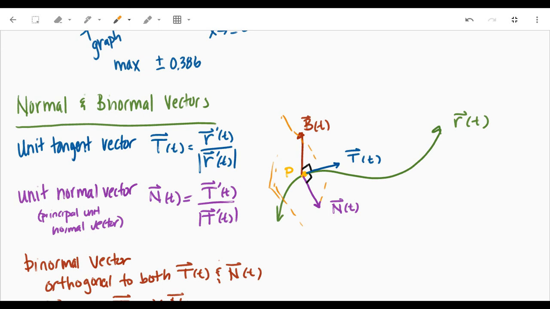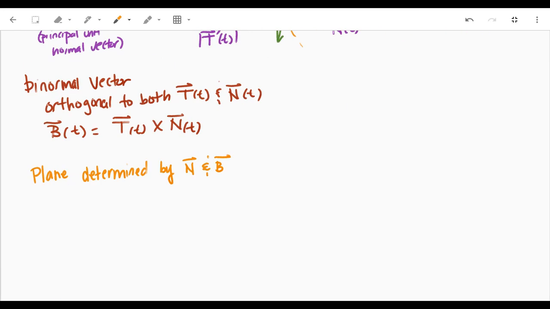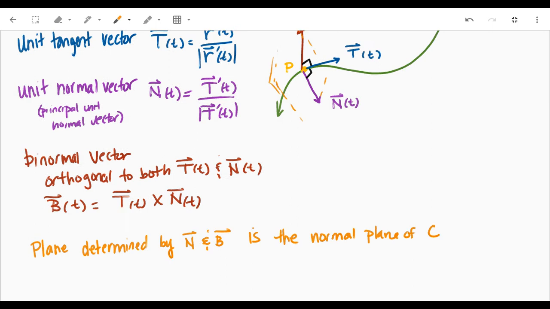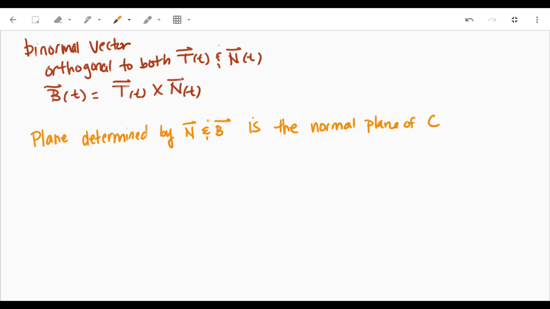It's perpendicular to T. If I drew that yellow plane, T is coming straight out of it. So the plane determined by N and B is the normal plane of C, which is our curve, at P. It contains all lines orthogonal to T.